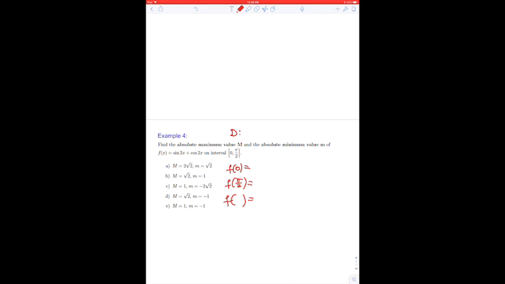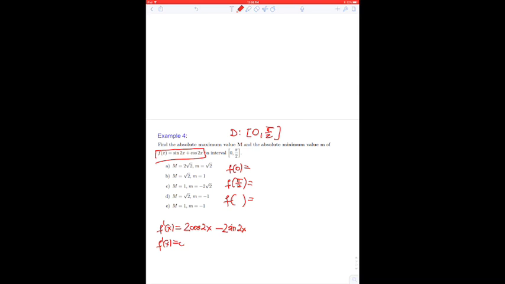Domain, of course, at the moment is just from 0 to pi/2, because the function is continuous and defined on the closed interval. Okay, let's see. I need the derivative. Derivative of sine of 2x is cosine of 2x times 2.